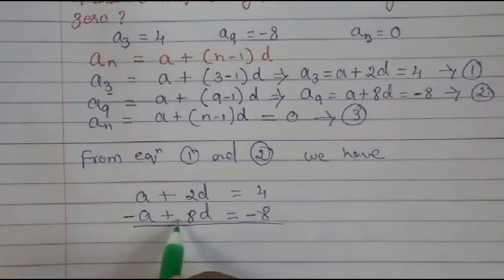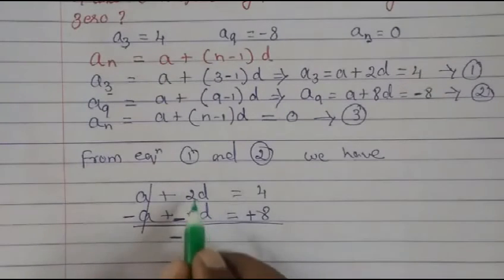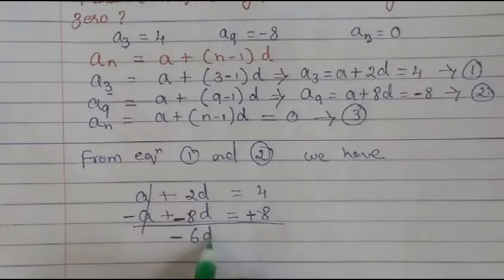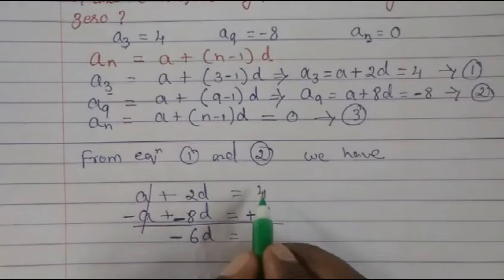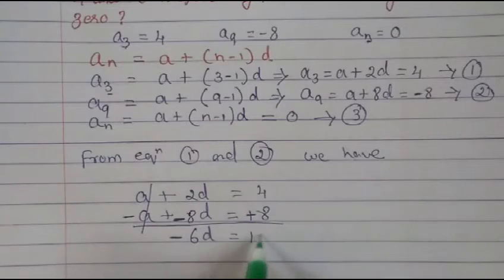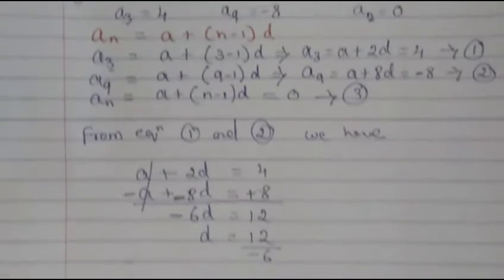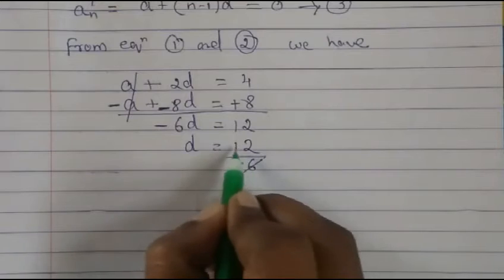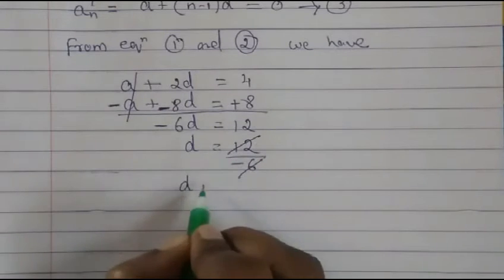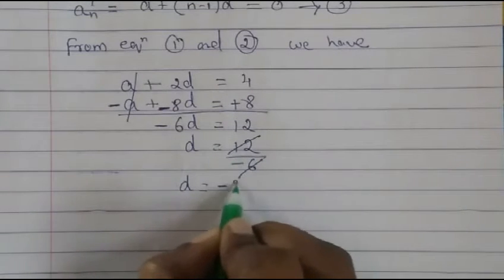This will become minus, this also will become minus, this will become plus. So A gets cancelled. Then here the biggest number is minus, so 8 minus 2, you will get 6. This is plus, this is also plus, 8 plus 4 will give us 12. So let's keep D on one side. This minus 6 comes to this side and will become division. When you divide, you will get the D value minus 2.